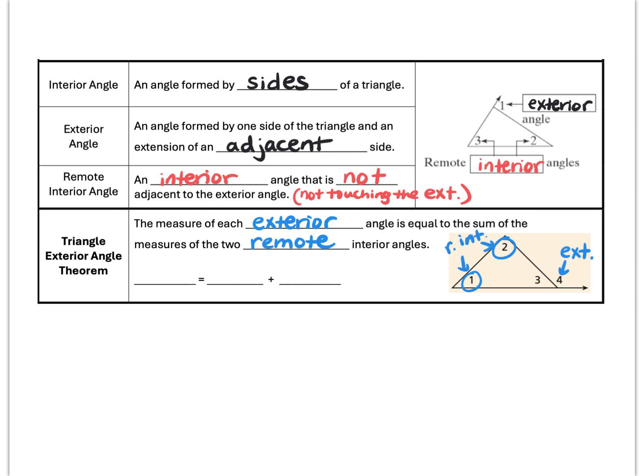So there's my remote interior angles. Using this triangle exterior angles theorem, we would say that the measure of the exterior angle, which is measure of angle 4, is equal to measure of angle 1 plus measure of angle 2. So in words, that's exterior angle equals remote interior plus remote interior.